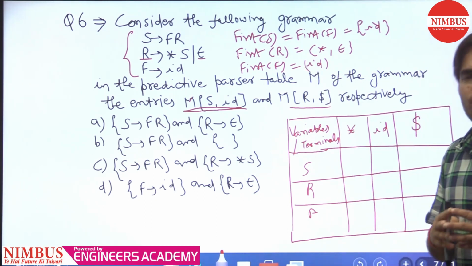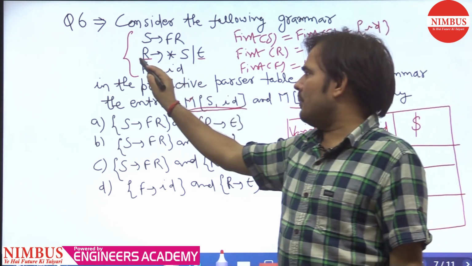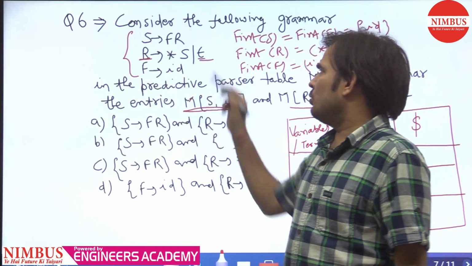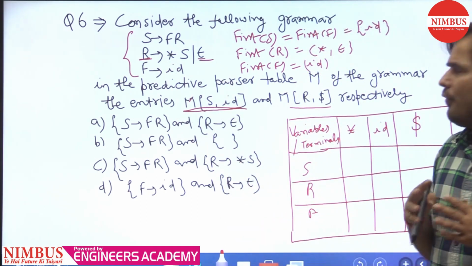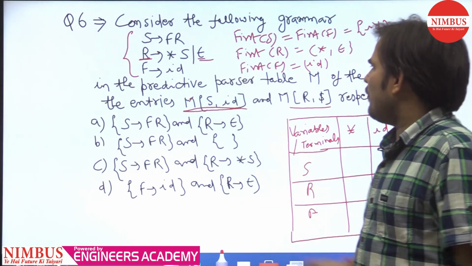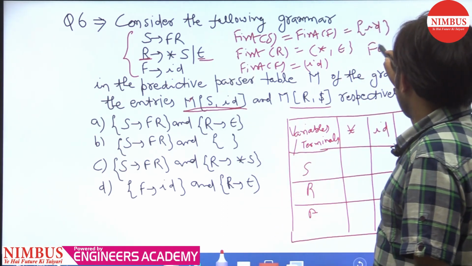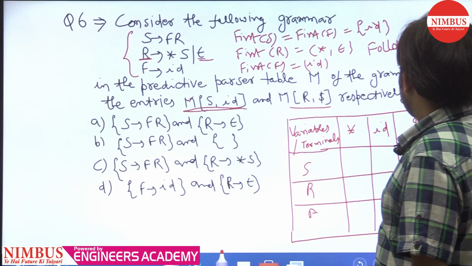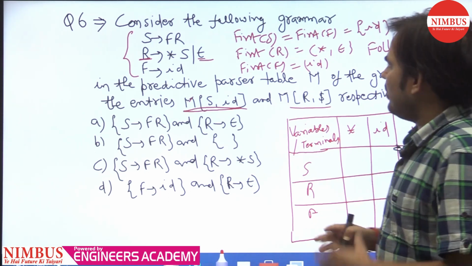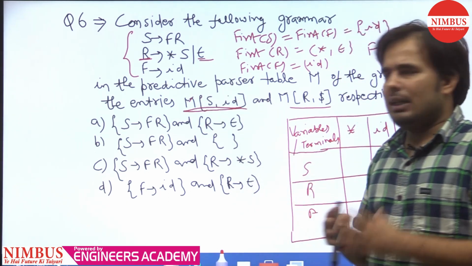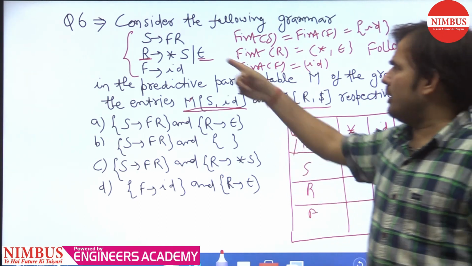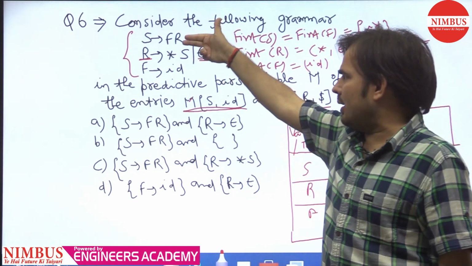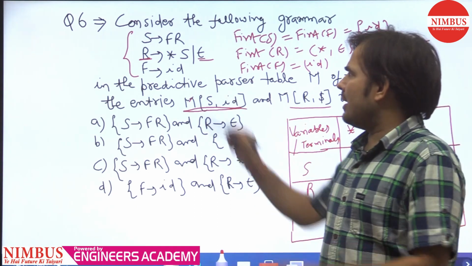Okay guys, so as I told you, if any variable is generating epsilon like this, we need to calculate the follow of that variable. So follow of R is what? To calculate the follow of R, we need to see whether R is present anywhere in the right hand side of a production. Yes, R is present here.